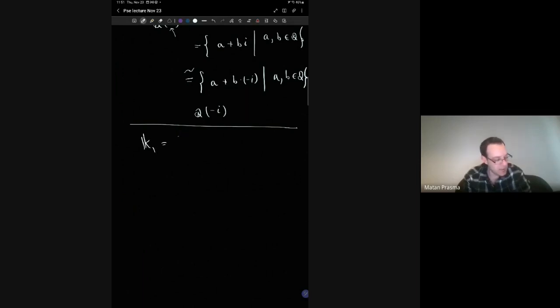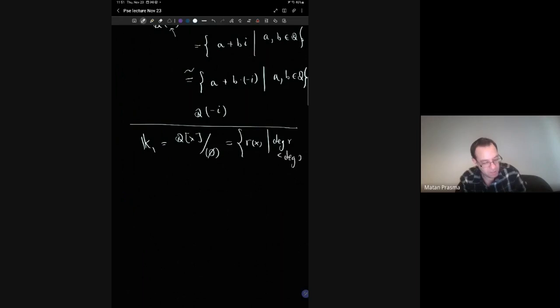This was Q of X modulo phi. Phi could be whatever prime polynomial you want. And this was all the remainder polynomials R, so the degree of R is smaller than the degree of phi.